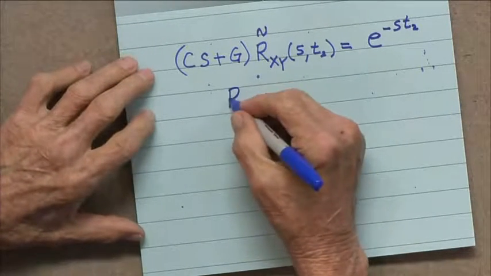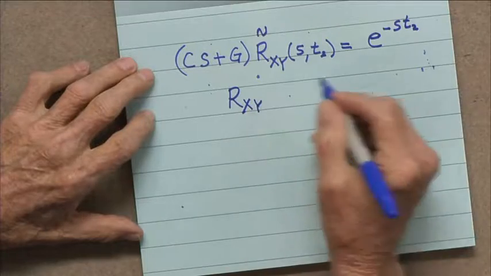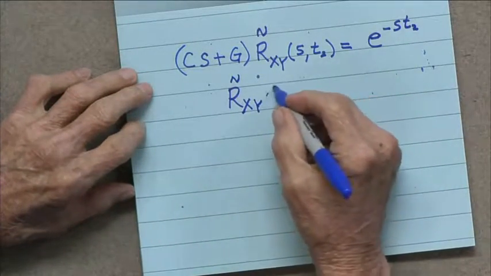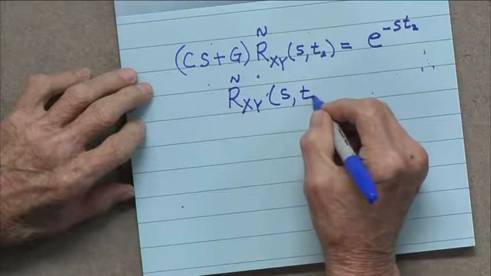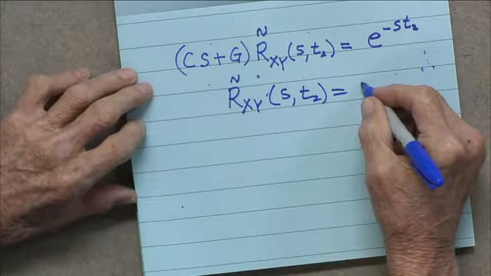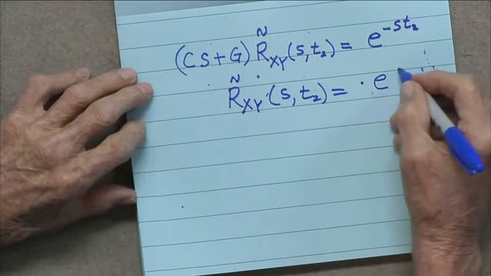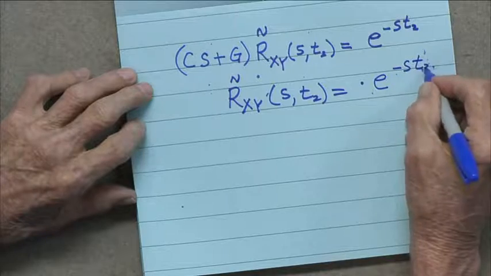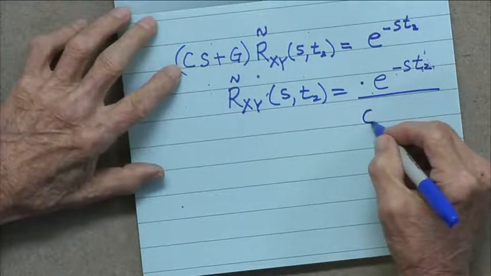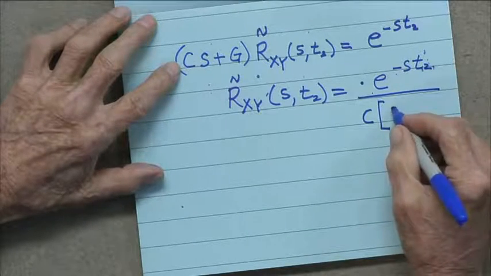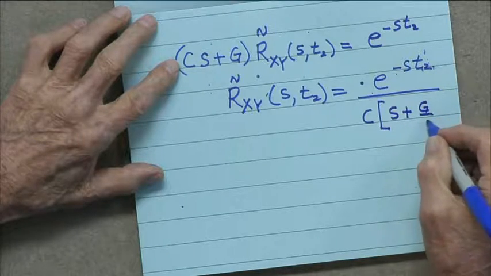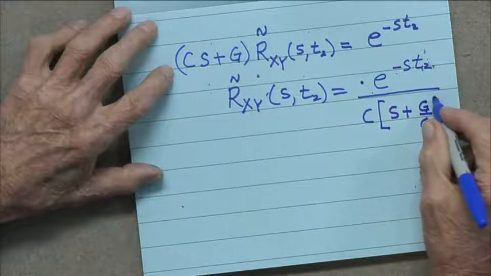And so R_XY curly bracket (S, T2) equals e to the minus S T2 divided by C times (S plus G over C).